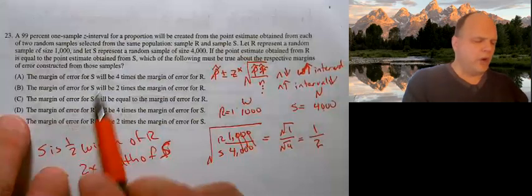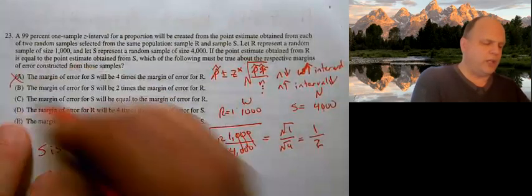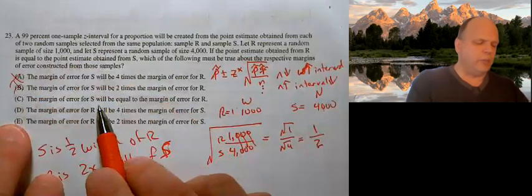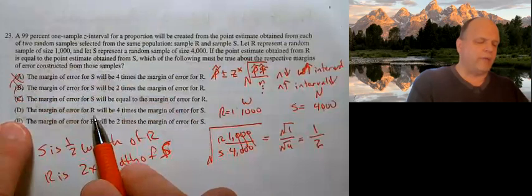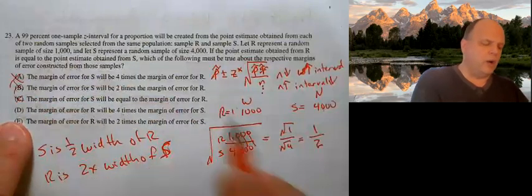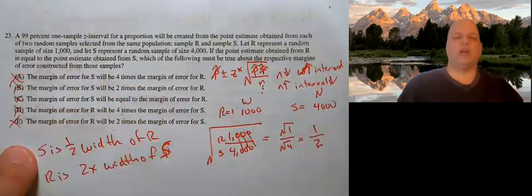So the margin of error of S will be 4 times? No. The margin of S will be 2 times? No. The margin of S will be equal? No. The margin of error for R will be 4 times? No. The margin of error will be 2 times.